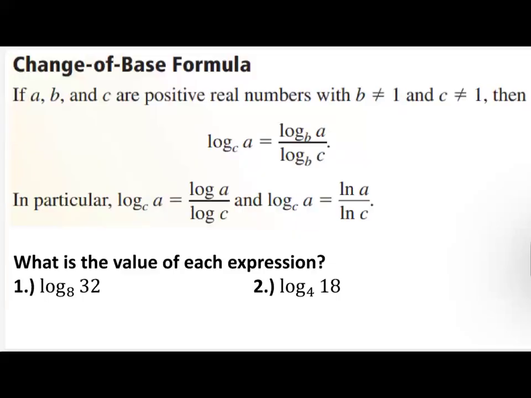Okay. So log 32 divided by log 8. Now, when you put that in your calculator, make sure you close parentheses after 32. That is 1.6 repeating. It's actually not even approximately.